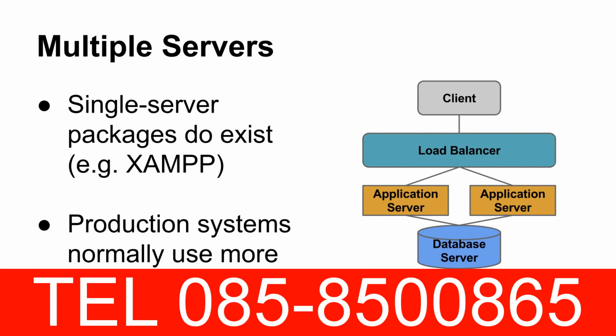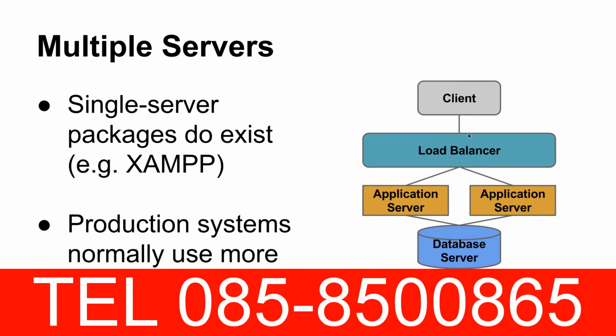On production systems though, on real servers that we would host to real websites, we don't run single setup packages like that because they tend to have too many security holes. So instead, we typically install the software manually, typically on multiple machines.